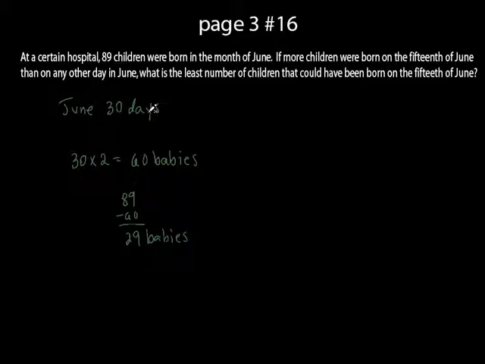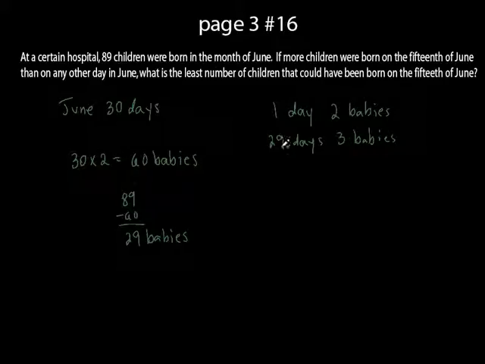If I take these 29 and I give them to the other days, so you've got 30 days, and we're saying that 2 were born on each day, if I spread those other 29 that are left over throughout those 30 days, one day is still only going to have 2 babies. But that means that what? The other 29 days are going to have 3 babies.